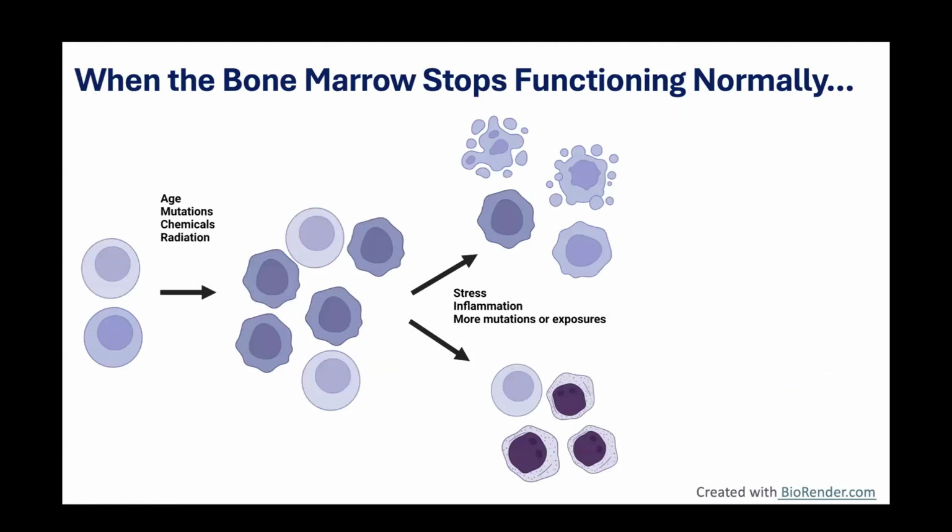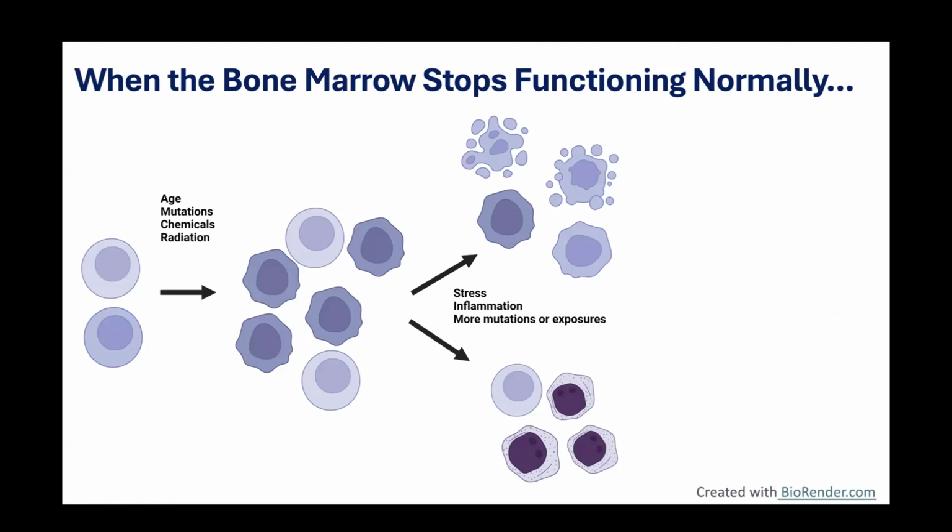And then why does this happen? Well, MDS in general is considered a disease of aging. And why that is, over time, our cells are exposed to toxins. And there's toxins just in the environment, just the aging process itself. You have chemicals that are involved, there's radiation, and then also just stress.